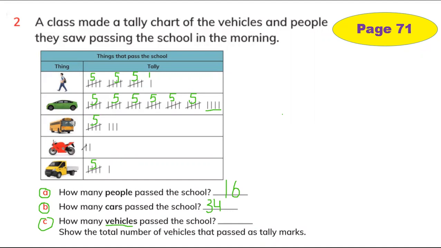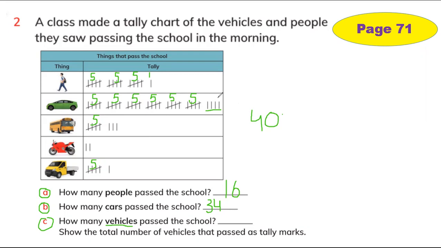Okay, let's begin. First we have to count all the 5s. We know there are 30, 30 plus 5, 35, 35 plus 5, 40. Okay, we have 40. Now count the lines that are not in a group of 5.